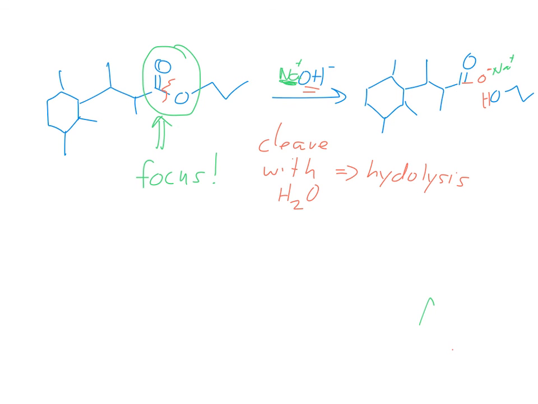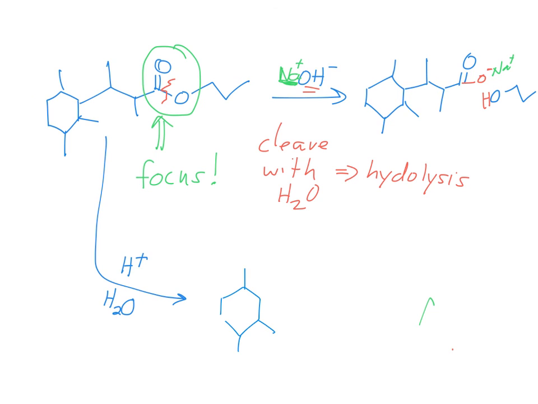We could also do this with an acid hydrolysis, so H plus and water. Same thing would happen, except instead of this O minus, which is the basic form of the acid, you would get the acidic form of the acid. Again, we'd cleave that same bond and draw all this other spaghetti.